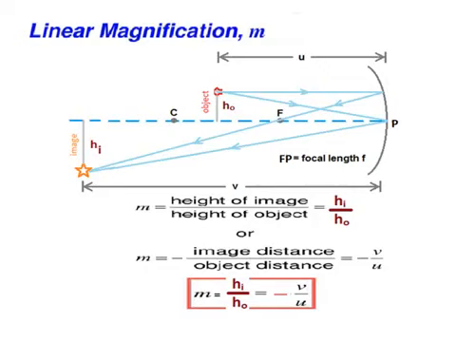In some of the image formations, we see an enlarged image, and some of the images are diminished. How much is the enlargement or how much is the diminishment? This is given by the term magnification.